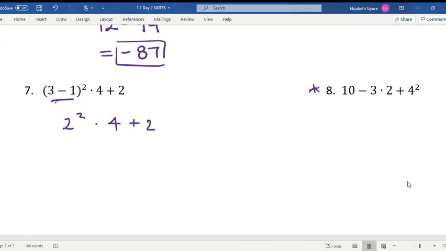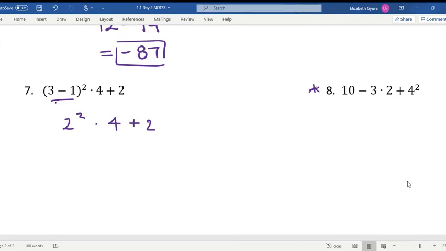The exponent tells you how many times to multiply it by itself. So 2 squared means 2 times 2. If you had 5 squared, it would mean 5 times 5. If you had 7 squared, it would mean 7 times 7. Same thing if it was cubed, like what you said, right? If it was 4 to the third, it'd be 4 times 4 times 4. Yeah, you said it correctly.